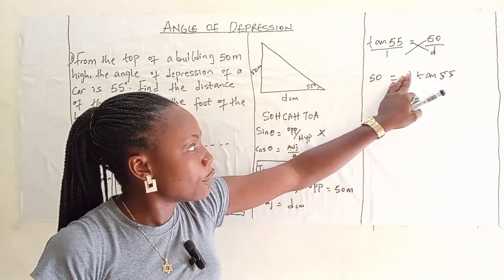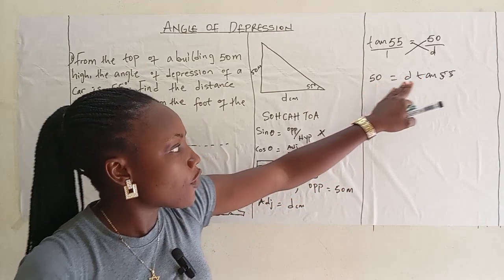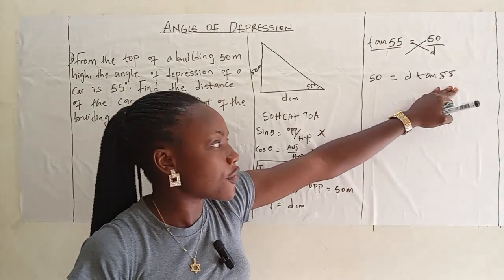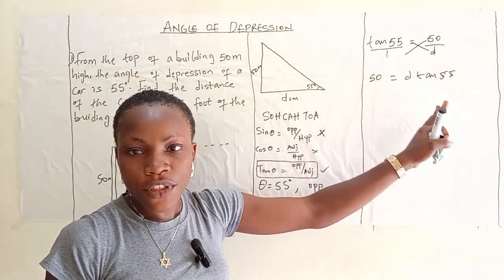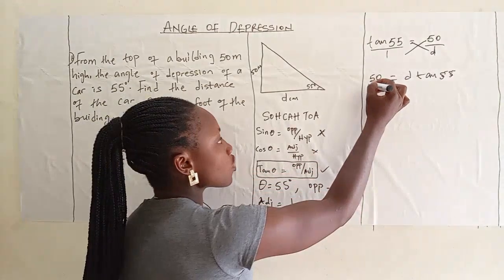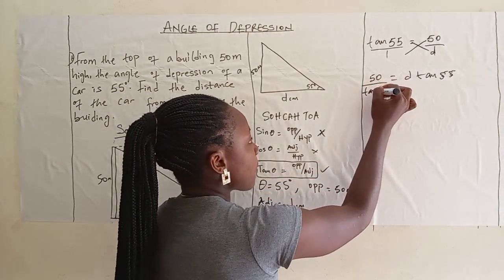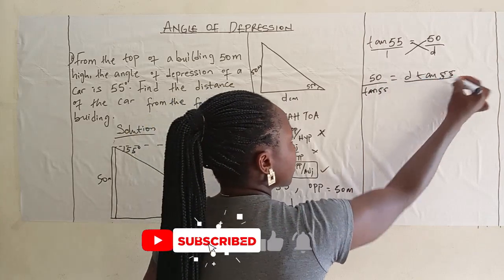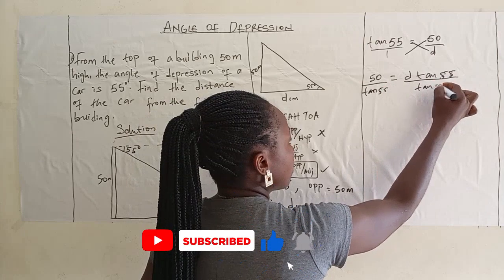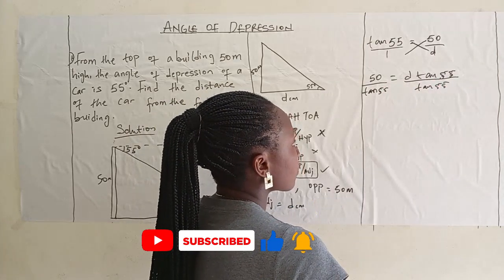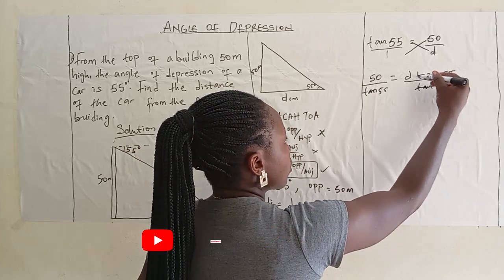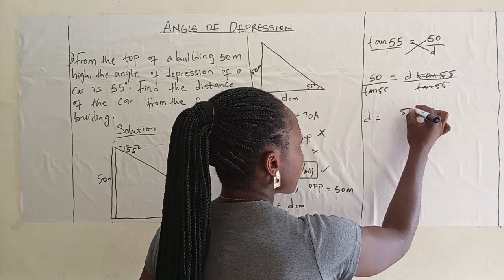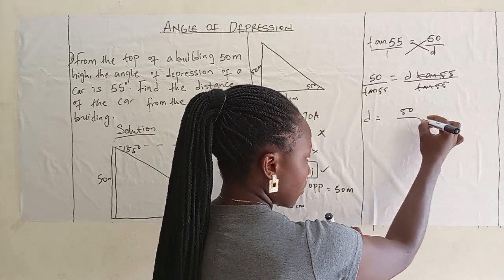We're dividing 50 over tan 55, and we're also dividing D tan 55 over tan 55. This is going to cancel this. We're having D equals 50 over tan 55.